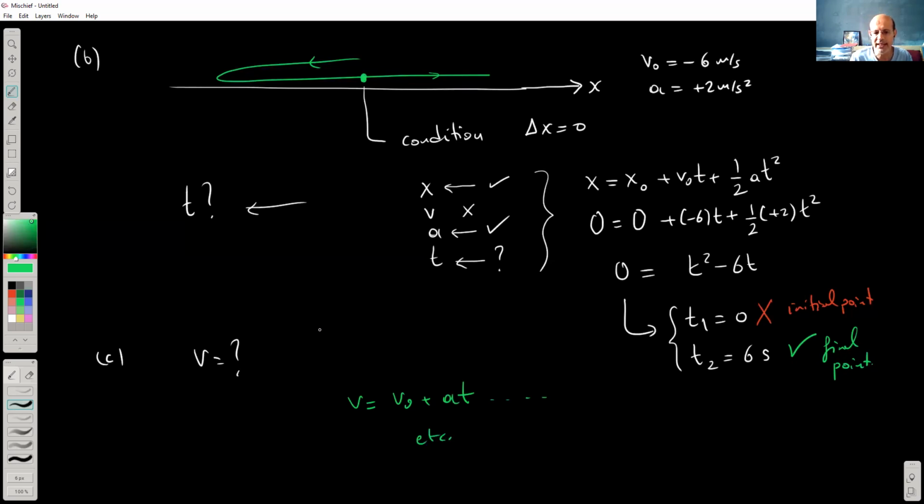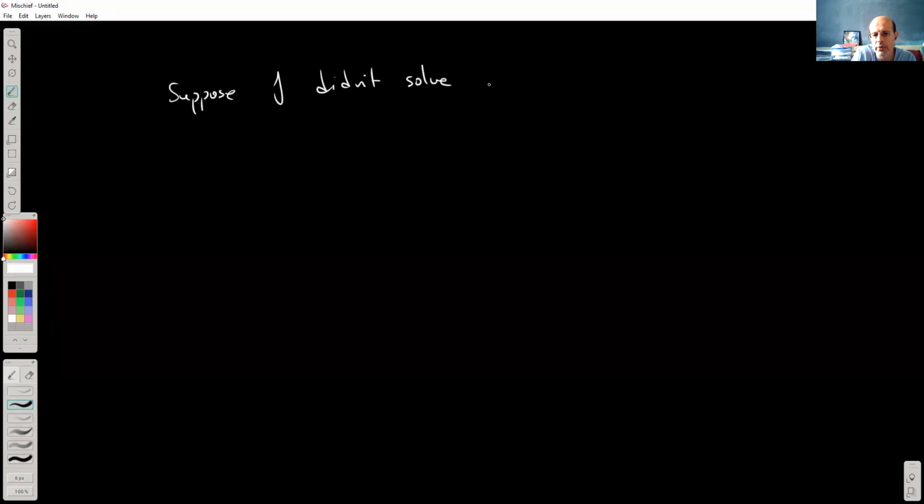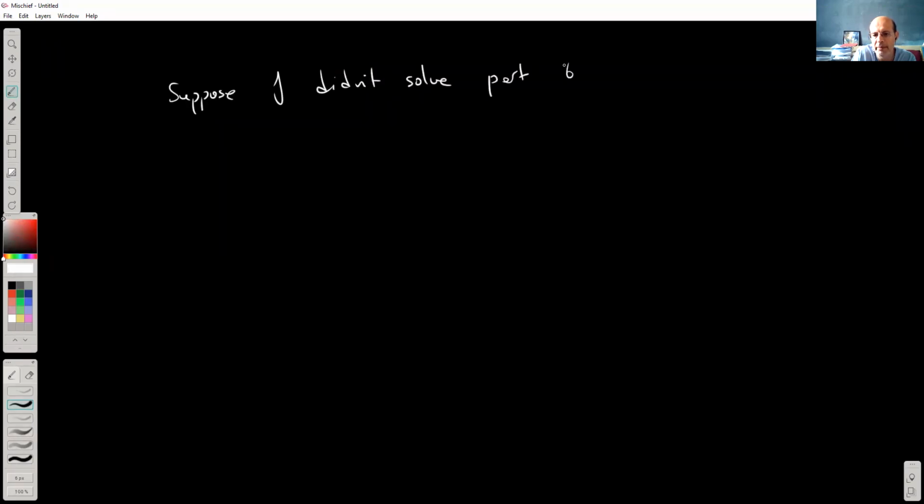However, let's just look at this problem from this other point of view. Suppose that I didn't find the time. Suppose I didn't solve part B yet. So the problem is this.